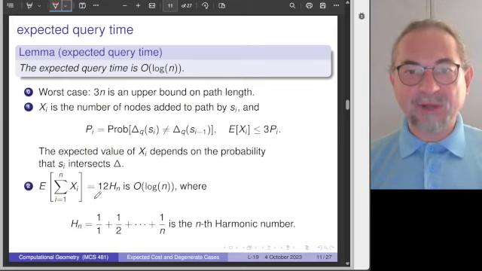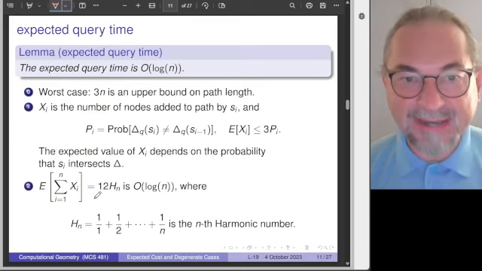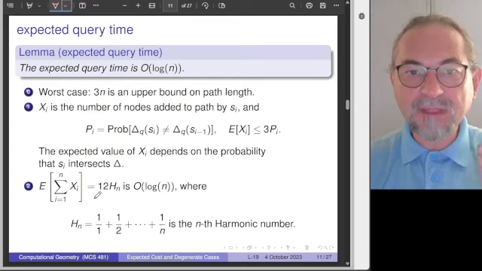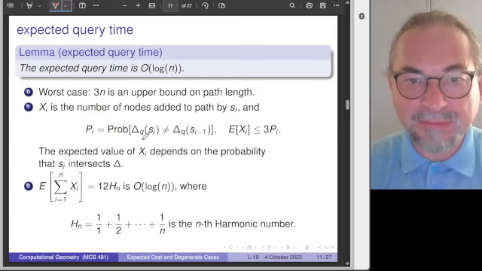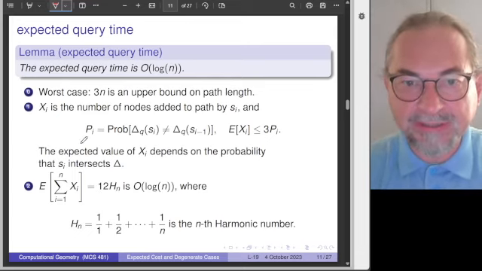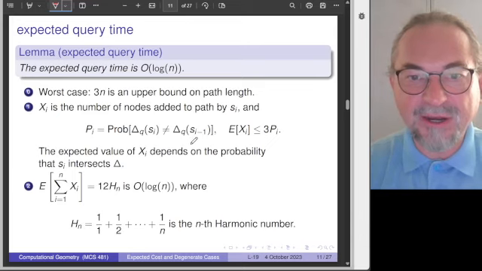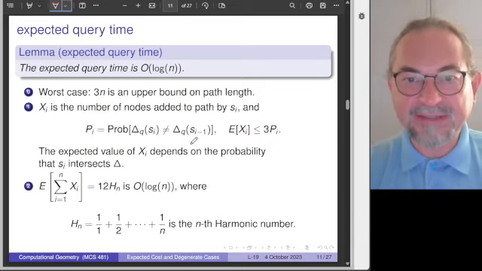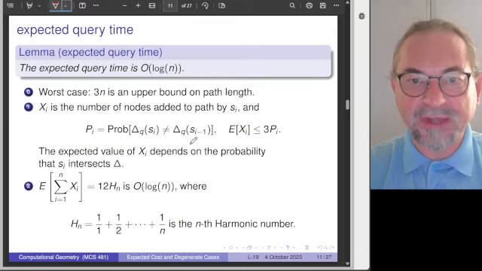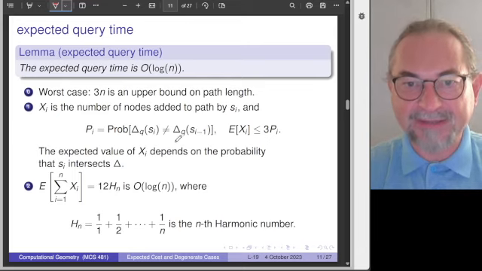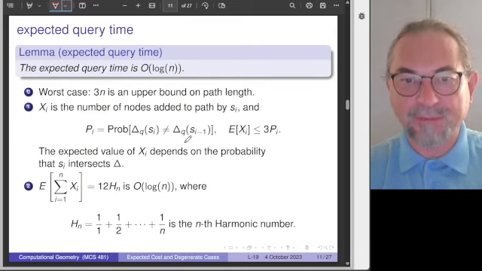3n is an upper bound. Why is that 3 there? Well, here is the probability that a segment intersects the trapezoid that was created, a trapezoid of our query point.